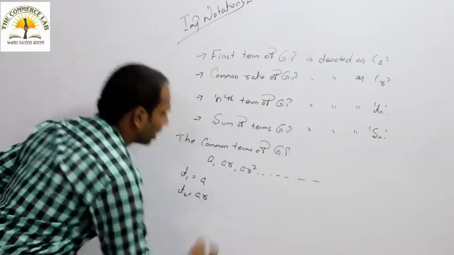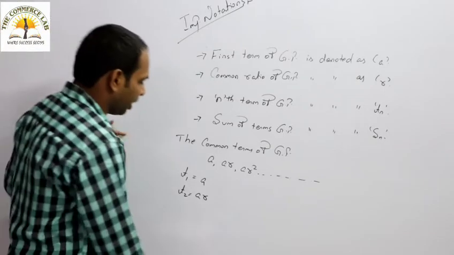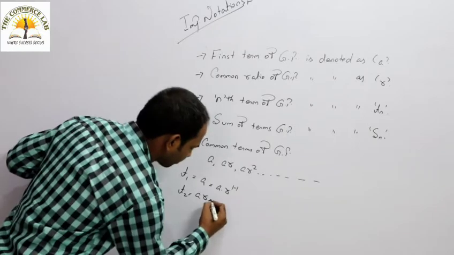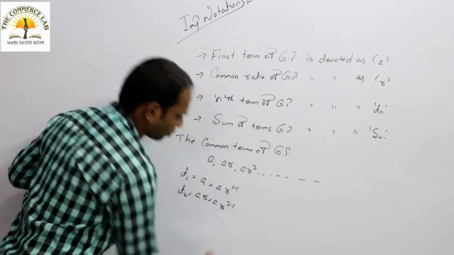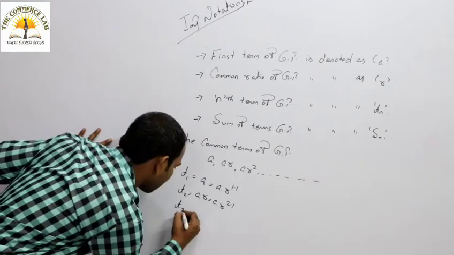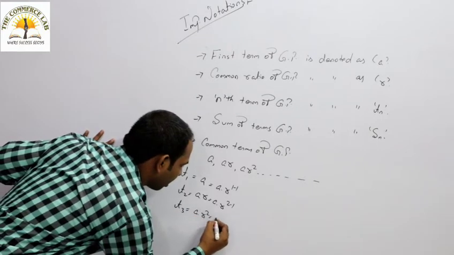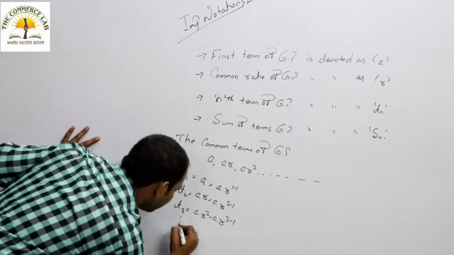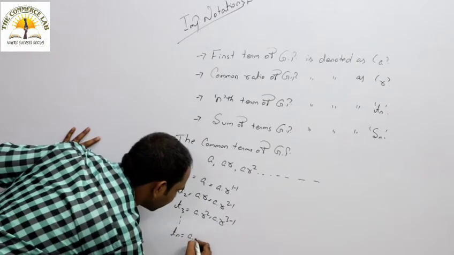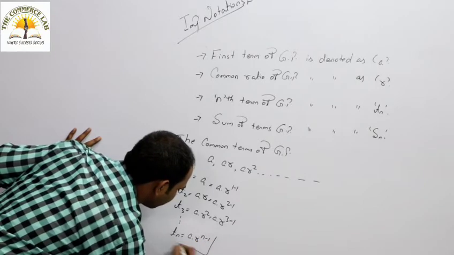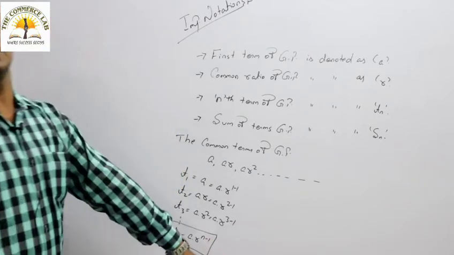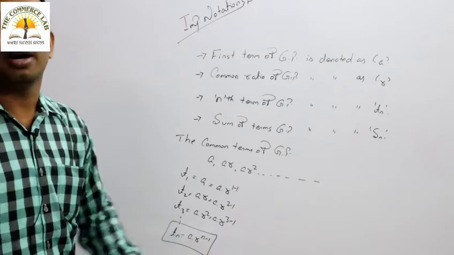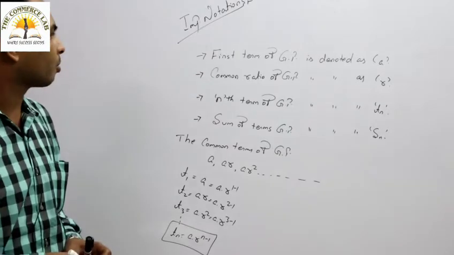T2 is the second term, that is ar. It can be written as a r to the power 1 minus 1, a r to the power 2 minus 1, a r to the power 3 minus 1. Similarly, Tn can be written as a r to the power n minus 1. So Tn of GP is a into r to the power n minus 1.